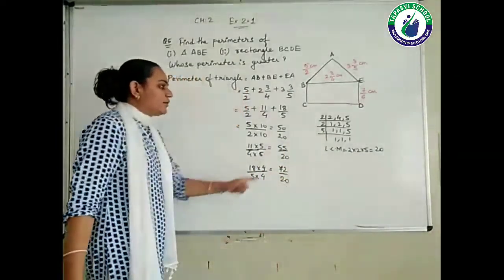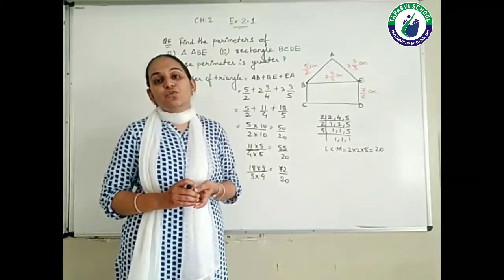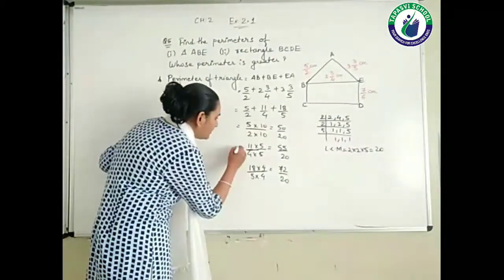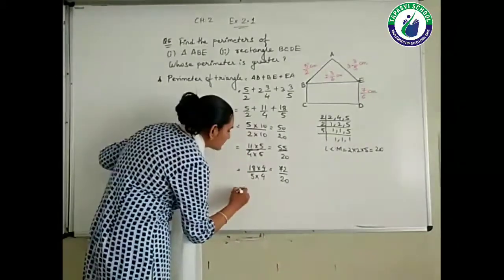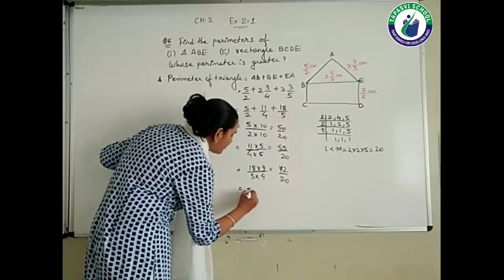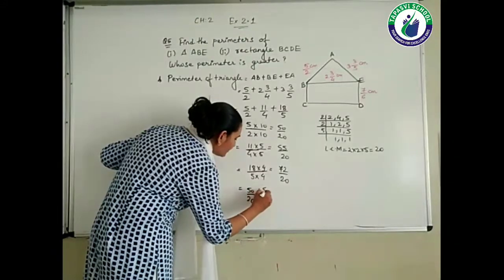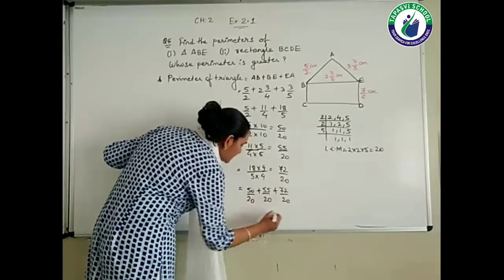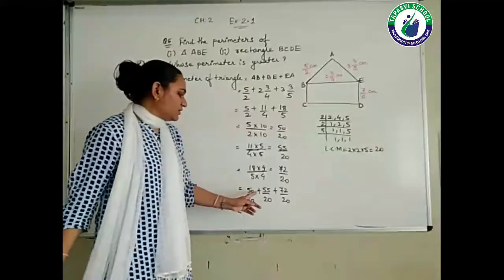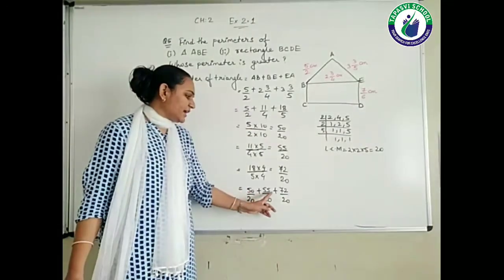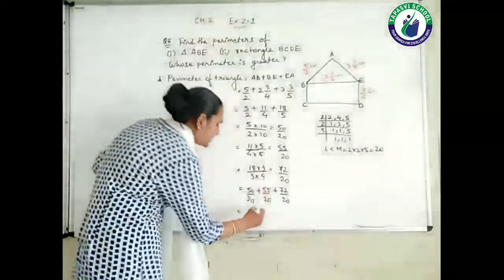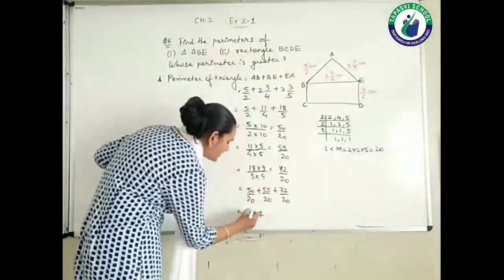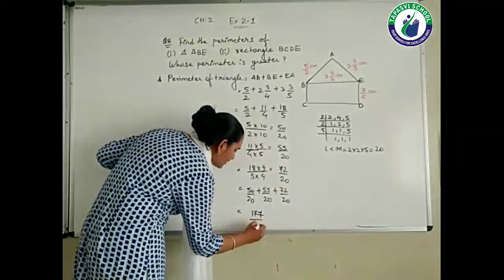Right? Now what we are supposed to do, we have to do the addition of all these equivalent fractions. So here I am doing it. So 50 upon 20 plus 55 upon 20 plus 72 upon 20. So the total comes as, students, 0 plus 5 is 5 and 5 plus 2 that is 7, and 5 plus 5 10, 10 plus 7 17, upon 20.